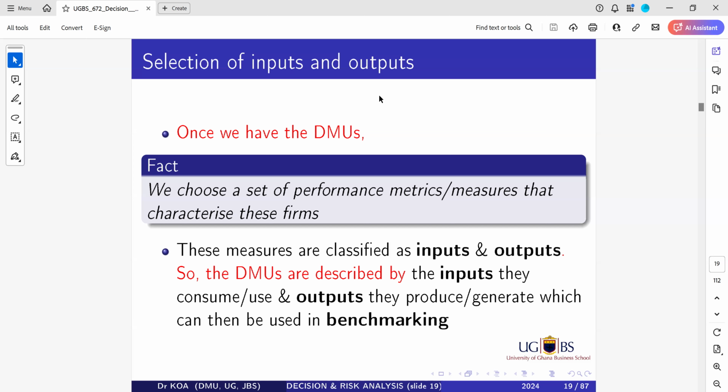Now, the telecoms may produce corporate social responsibility, but they are not producing loans and advances. They are not producing investments. They are not even collecting deposits that the banks are collecting. It would be useless to compare them because they are not homogeneous.